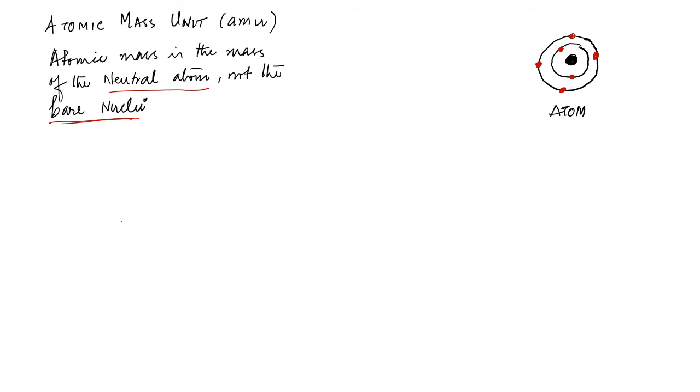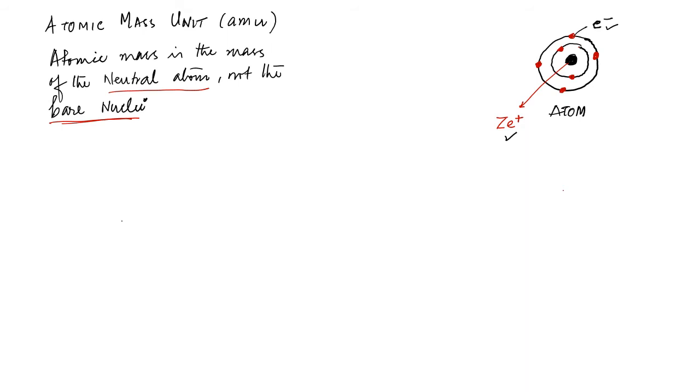Why am I saying the atom as a whole is neutral? Because inside the nucleus we have protons, which have a positive charge, and the electrons have a negative charge. And you know the number of protons is equal to the number of electrons. So overall, the atom is neutral.